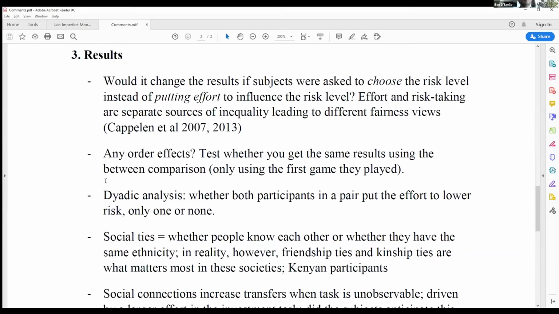Then two last comments about the interpretation. How I interpret these results is that the main result is that social connections increase transfers when the task is unobservable, and this is driven by a larger effort in the task.